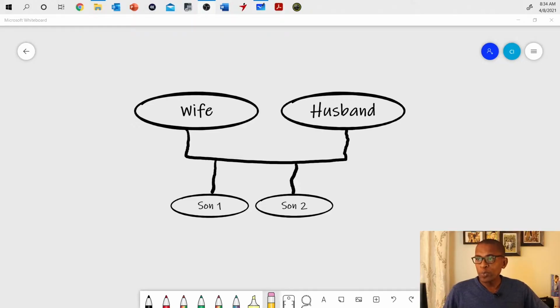And now we're going to go to an example just to illustrate how executors' fees actually work in practice. So in my example, let's assume that we've got a husband and wife and they're married. Let's say they're married by antenuptial contract, without the accrual system.